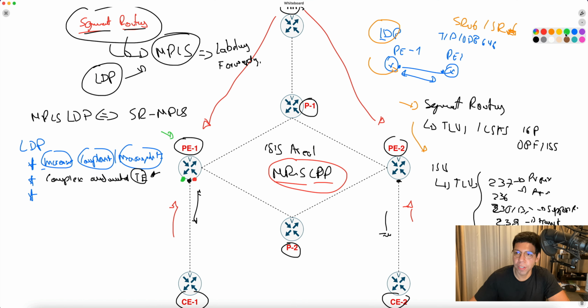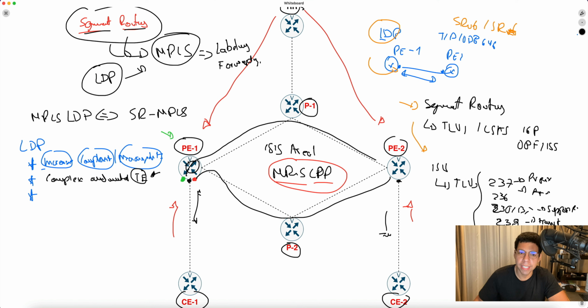In MPLS traffic engineering, if you want to create a different path for green to go over the top and red to follow down, and associate that MPLS traffic engineering tunnel with that particular VRF and that particular service, it's not that easy to do, right? It's not that easy to attach the tunnel to the specific VRF as it is in segment routing, okay?